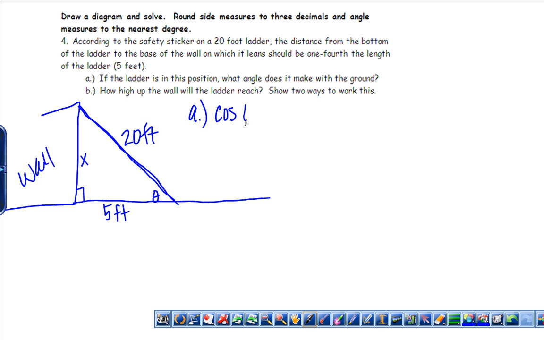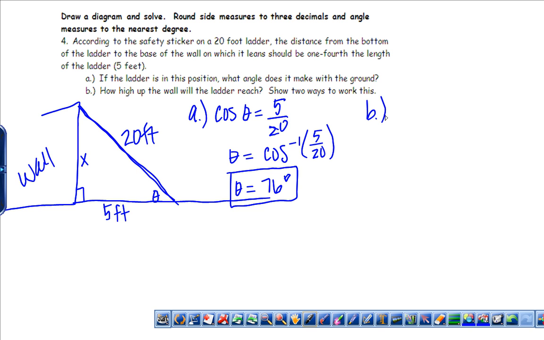So cosine of theta is going to be adjacent over hypotenuse. If we solve for theta, that's going to be arc cosine of 5 over 20. And of course you can reduce 5 over 20, it's not going to make a difference. Plug that into your calculator in degree mode and you should get 76 degrees.